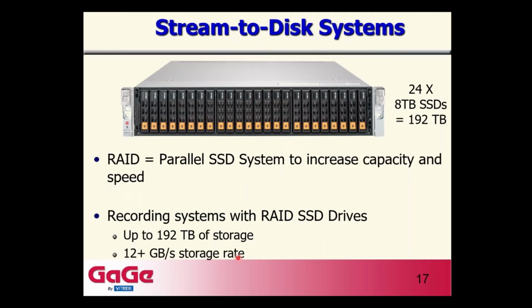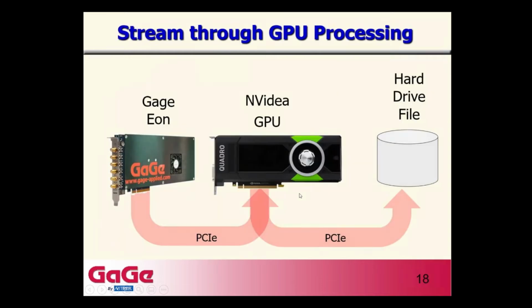And we can make the speed of these drives 12 gigabytes per second or more, so more than we need for the maximum 6 gigabytes per second that the PCI Express bus can serve up. So we can make drive systems that will not be bottlenecks and will not choke on the data, leading to data loss. We put a card in a system like this, and we can deliver you a complete turnkey system that can acquire for days at a time in an unbroken fashion.